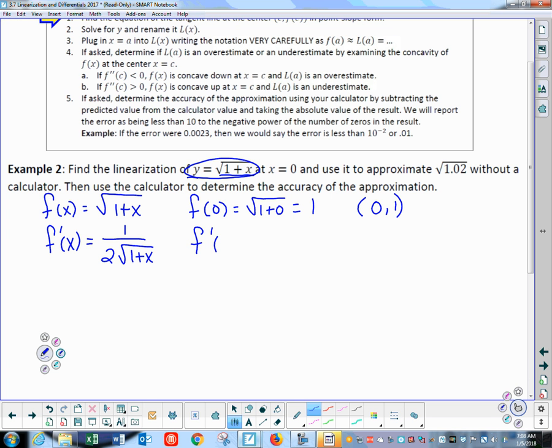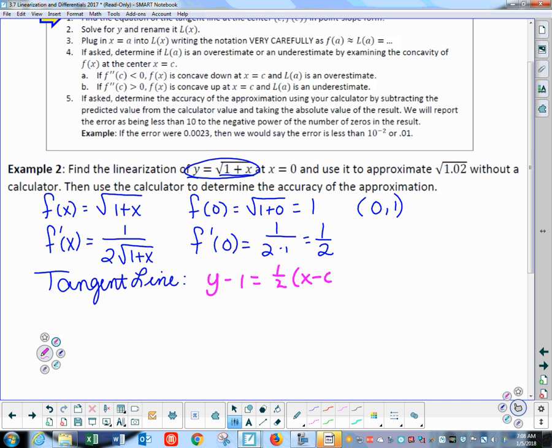And then we get f prime of 0 to find the slope at 0, and we get 1 over 2 square root of 1 plus 0 times 1, so we're looking at a slope of 1/2. That allows us to write the tangent line equation, and that tangent line then would look like y minus 1 equals 1/2 times x minus 0.